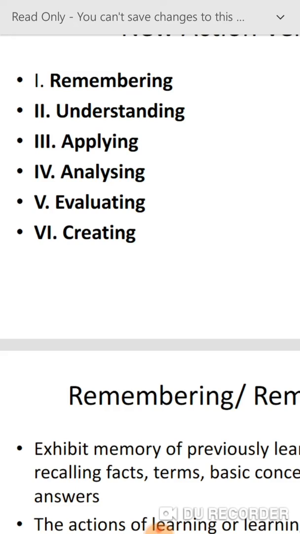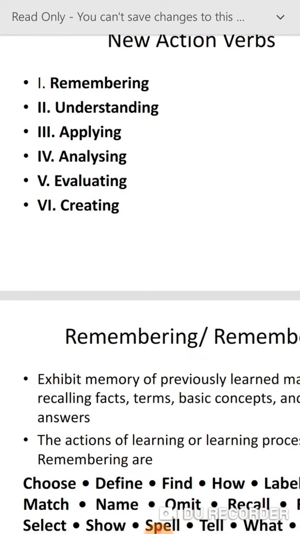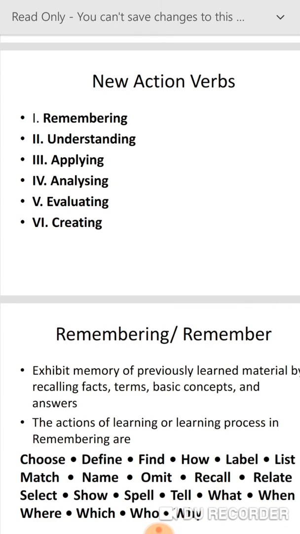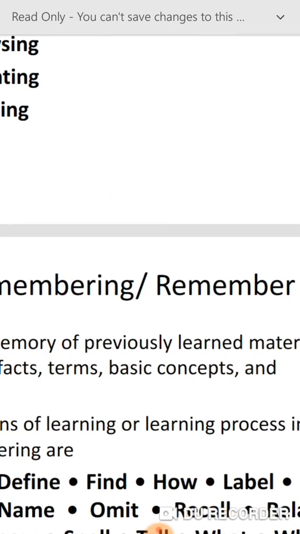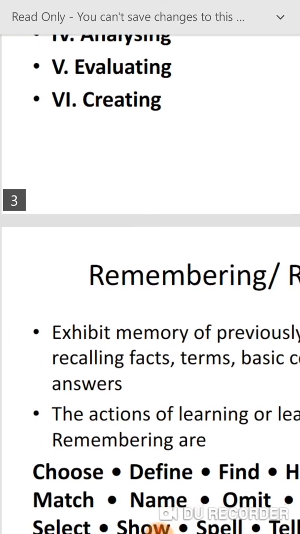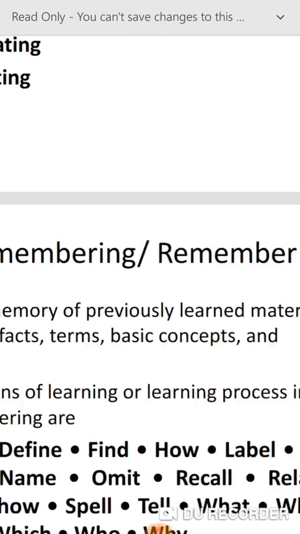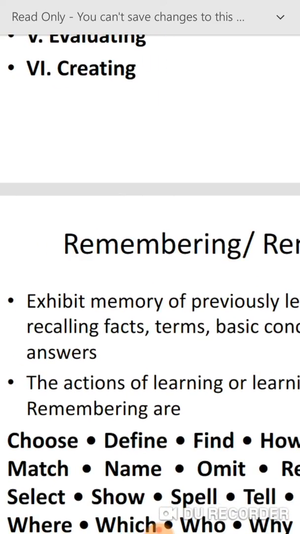What is applying mean? Remembering is a process dimension. That means this is the lowest process dimension or lowest action verb. Exhibit memory of previously learned material by recalling facts, terms, basic concepts, and answers.